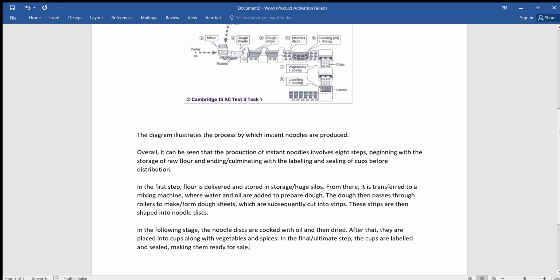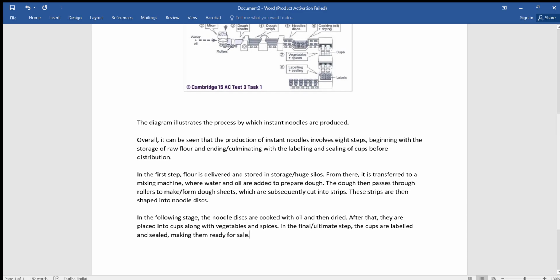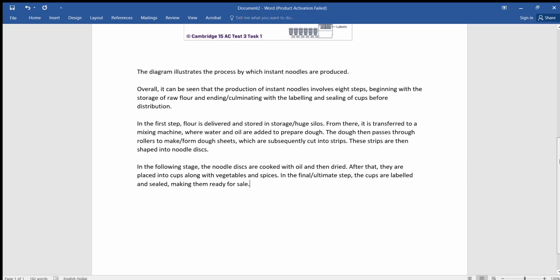And we also covered all the stages clearly, meaning task achievement is okay, and after that our task is well organized in a logical way, and we also use clear connectors, and we used a range of vocabulary here like transferred, subsequently and all.